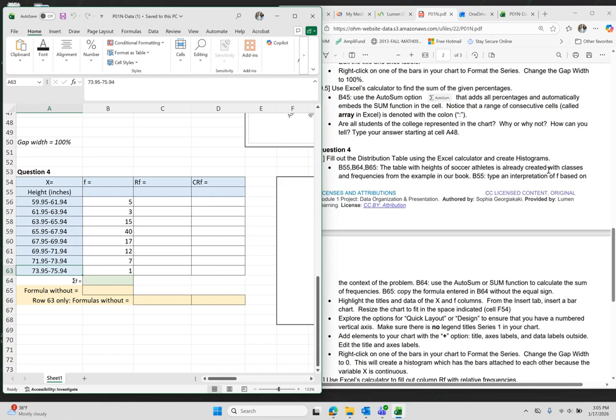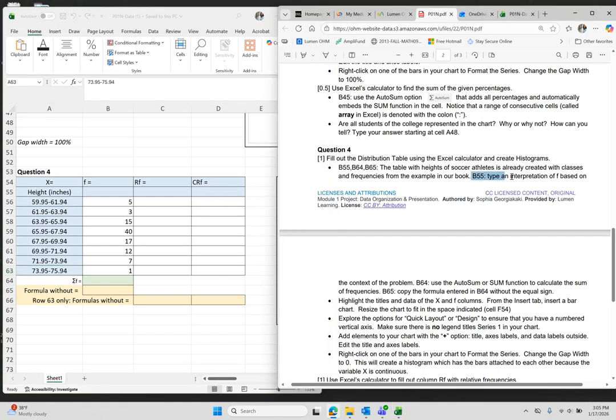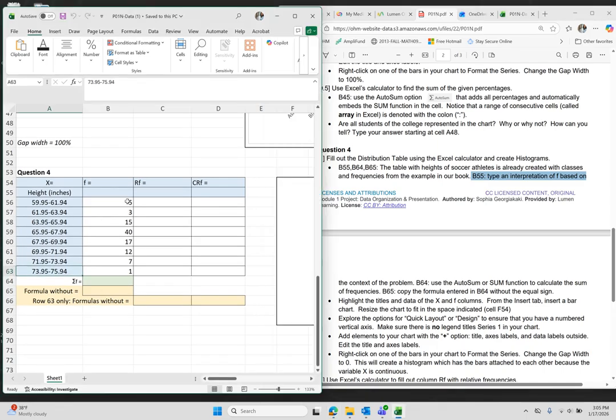And in B55, they want us to type an interpretation of what the frequency is based on the context of the problem. So here in the frequency column, we see these numbers 5, 3, 15, 40, 17, 12, 7, and 1. And this again is a table of the heights of soccer athletes.